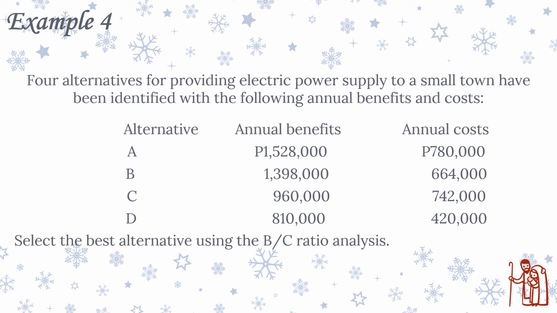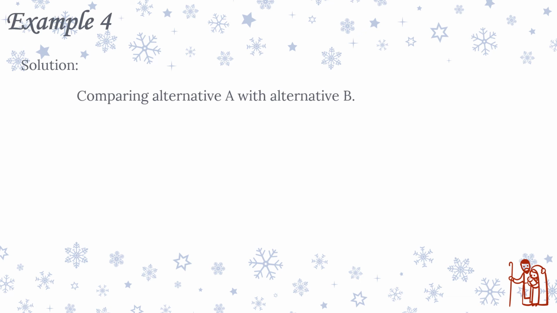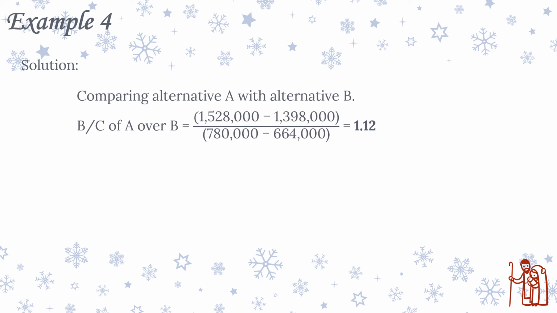Okay, so first we take A and B. So, these two. Okay, so I hope you remember that. Let me go back to the slide. A with B, comparing A with B. If you also notice in the given, everything is annual, so you don't have to convert anything into its present worth.